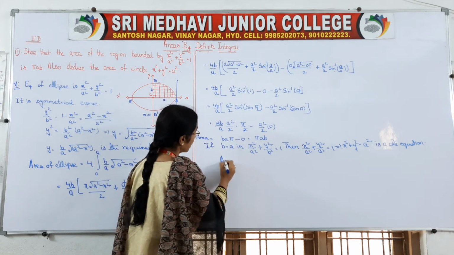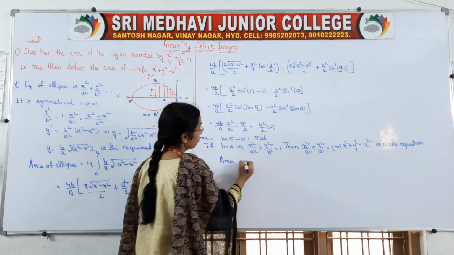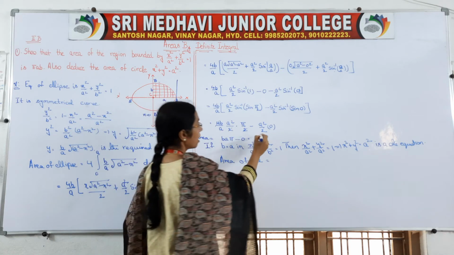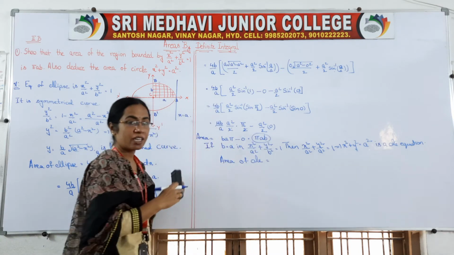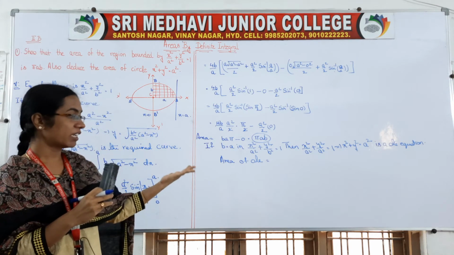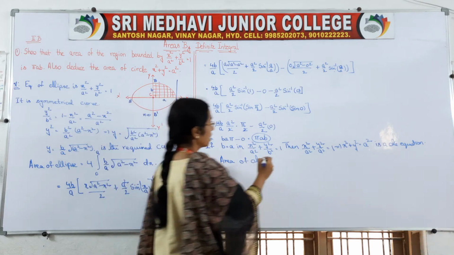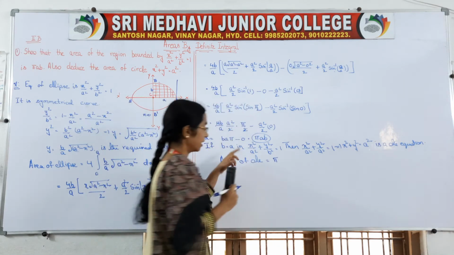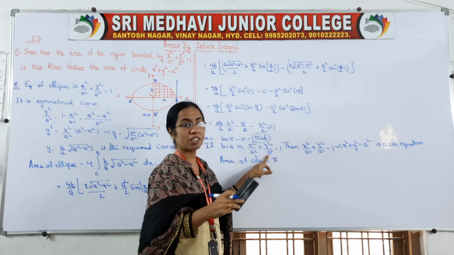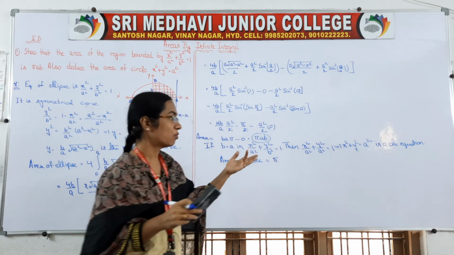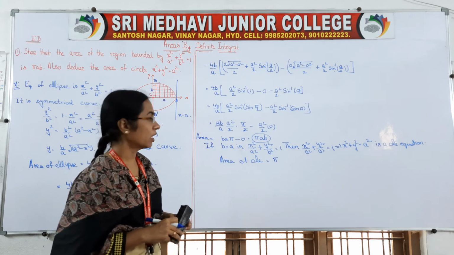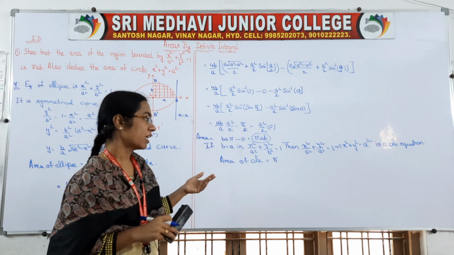So the area of the circle: in the area of our ellipse, wherever b is there, we have to substitute a, then we will get the area of the circle. In the ellipse equation, where b is there, I substituted a, therefore I got x square plus y square is equal to a square. So we have to find the area of the circle.